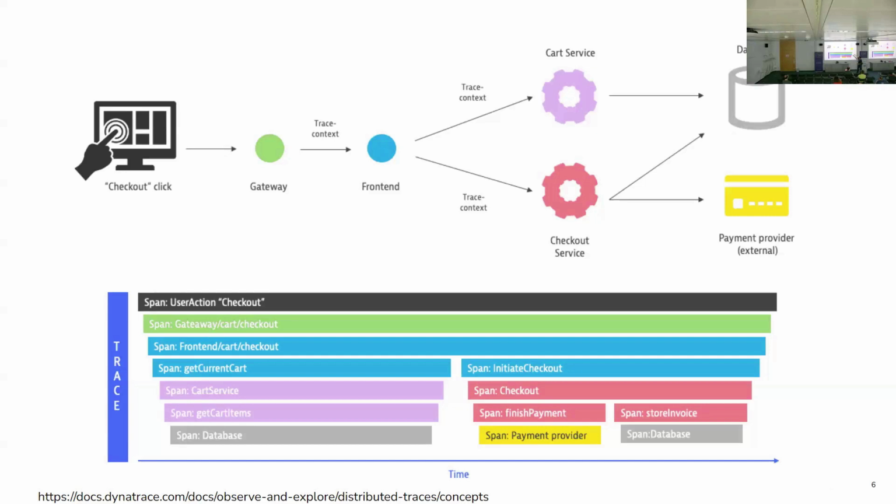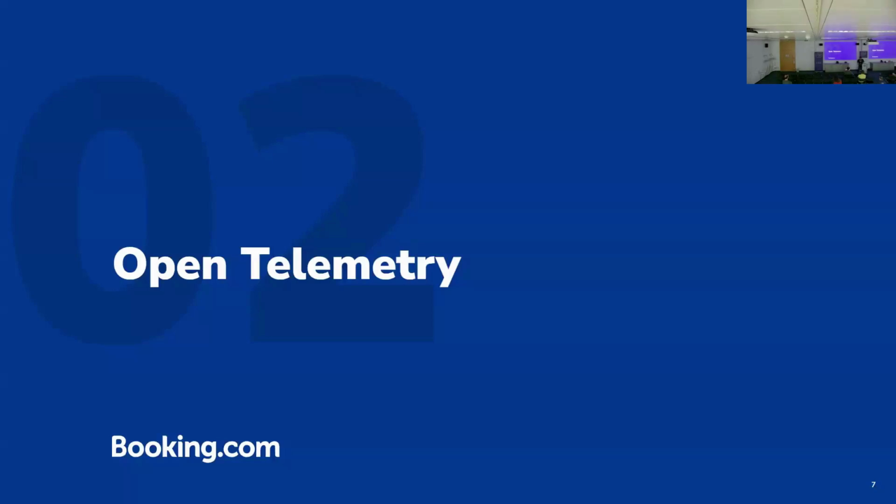Then something happens on the front end, two actions, get current and initiate checkout. Then one action reaches the cart service, another reaches the checkout service, both record to the database, and we call the payment provider. So that's an example from the outside world.